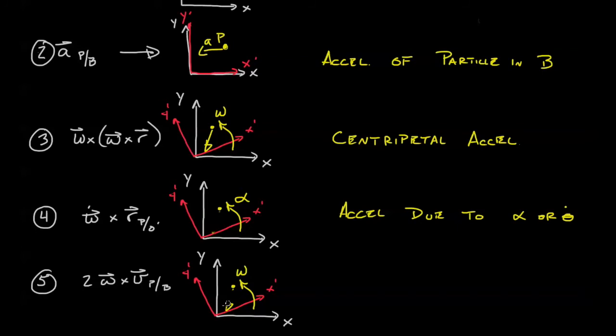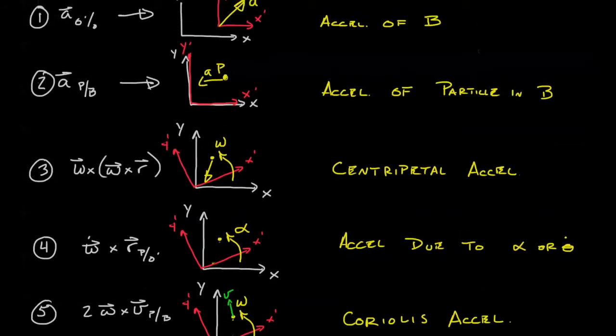Erase this as it may confuse us. In this example, we're going to give the relative frame an angular velocity, and in addition, we're going to give the point some velocity. We see that these two pieces of information combine, and we're left with a term known as the Coriolis effect, or you could just say the Coriolis acceleration.